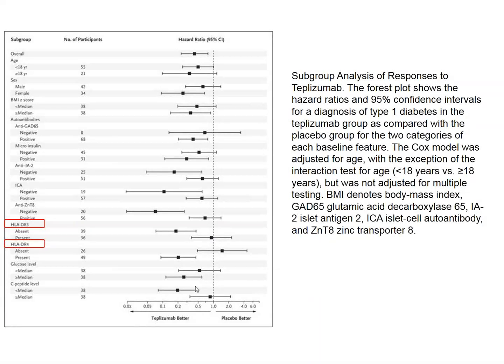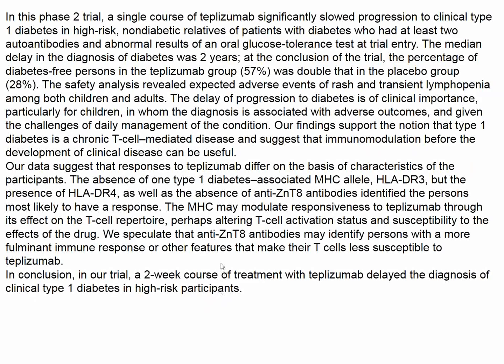We might also imagine that individuals that already have low levels of C-peptide are more advanced than individuals that have higher levels of C-peptide, so that difference is also shown here. So it appears that a 2-week course of teplizumab delayed the diagnosis of clinical type 1 diabetes in these high-risk participants.